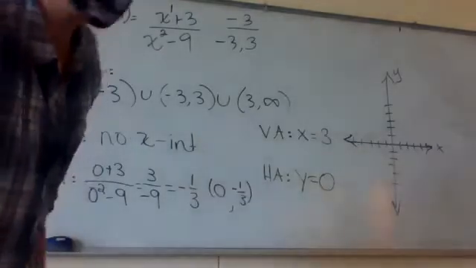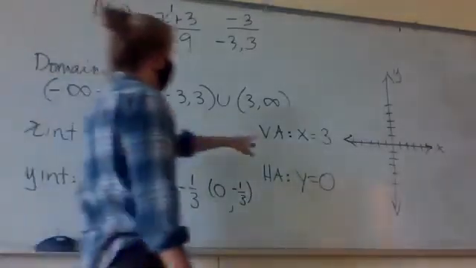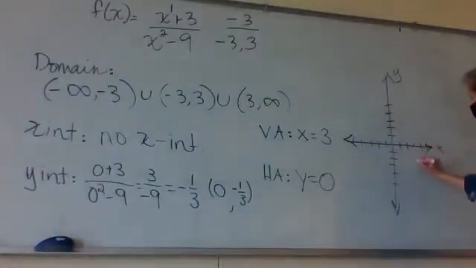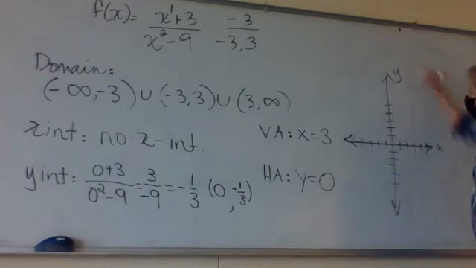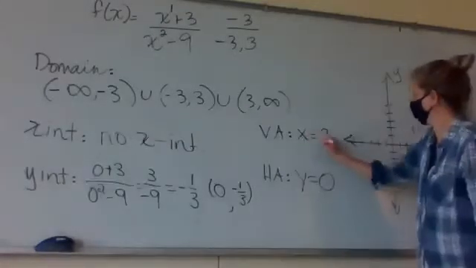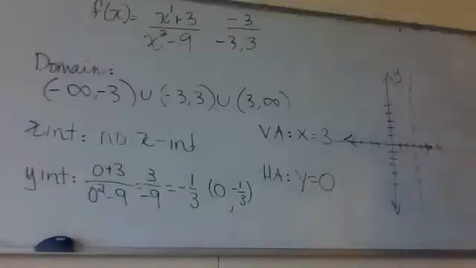So let's put our asymptotes up first. There's a vertical one at x equals positive 3, which means a vertical asymptote there. The horizontal asymptote is at y equals 0. So y equals 0 is actually the x-axis. So there's a horizontal asymptote there.